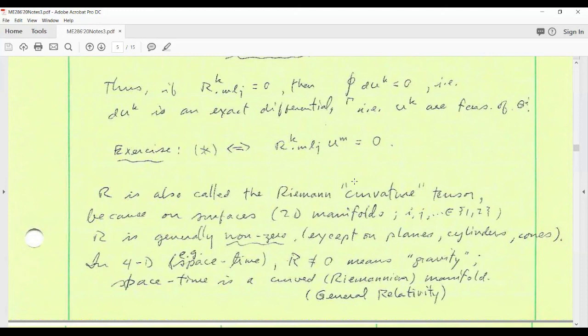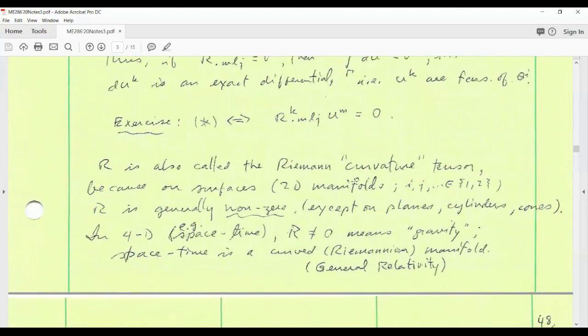Okay. In fact, this Riemann tensor is associated with curvature of the space in which it's defined. The reason for the name curvature is that if we look at the differential geometry of curved surfaces, that's a two-dimensional manifold. A characteristic feature of curved surfaces is that the Riemann tensor defined on that surface is non-zero in general.